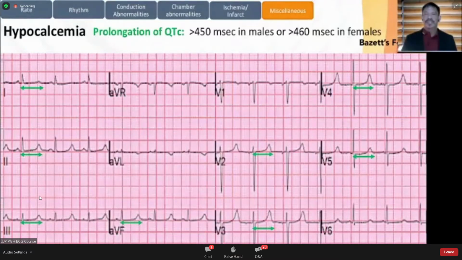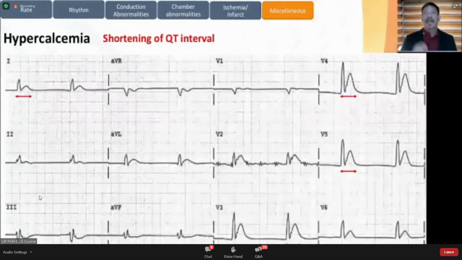This sample ECG showed QT computed of 530 milliseconds. Remember the lecture on normal ECG for the computation. On the other hand, hypocalcemia presents with shortening of the QT interval. This ECG sample showed marked shortening of the QT interval of 260 milliseconds.